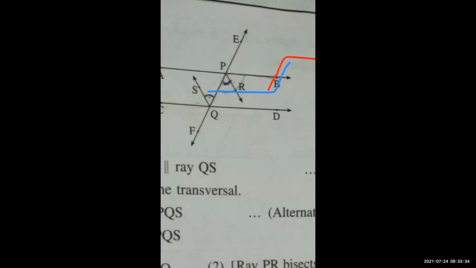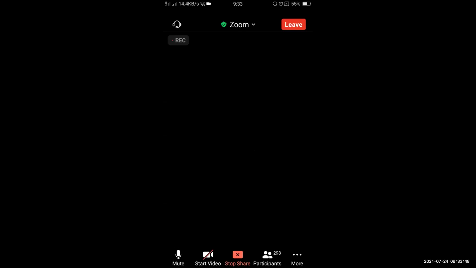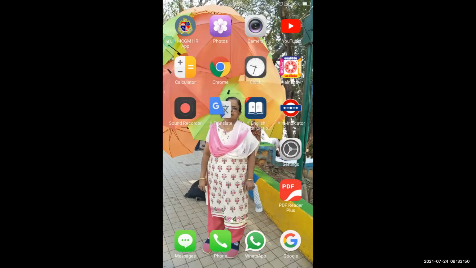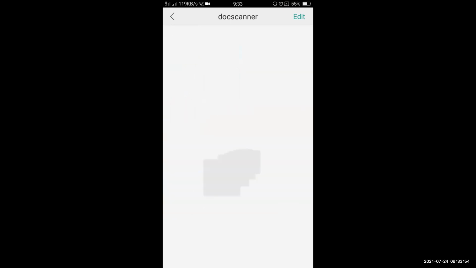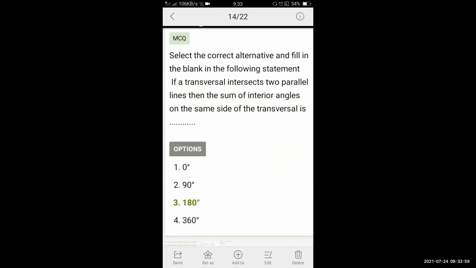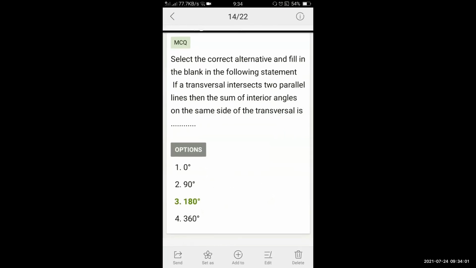Okay, now we will go further with problem set 2. Here is the first example of problem set 2.